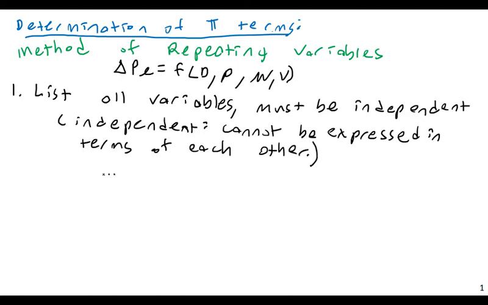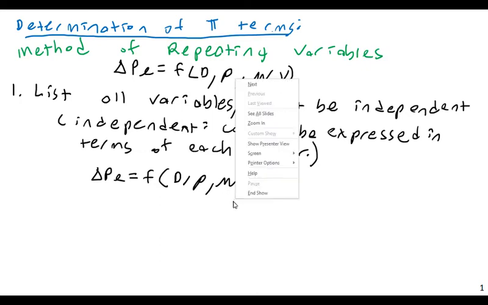So for example, what if I had delta PL is a function of diameter, rho, dynamic viscosity, and kinematic viscosity nu, and also velocity v. This wouldn't work. Notice we have a problem here.